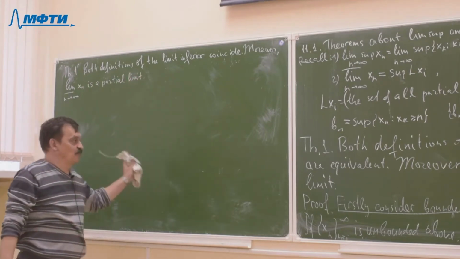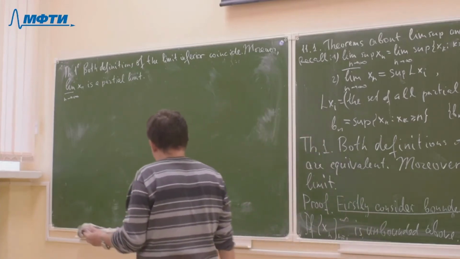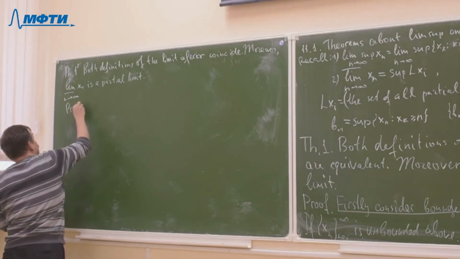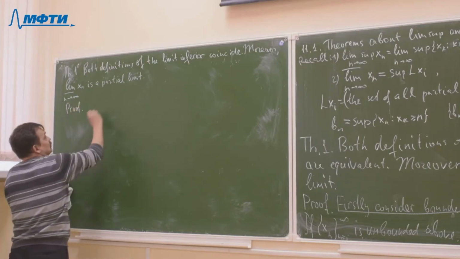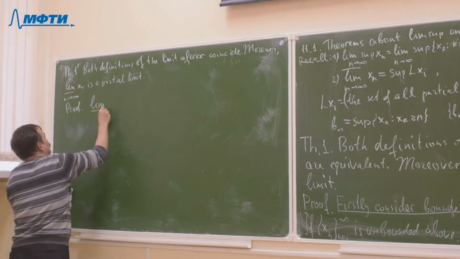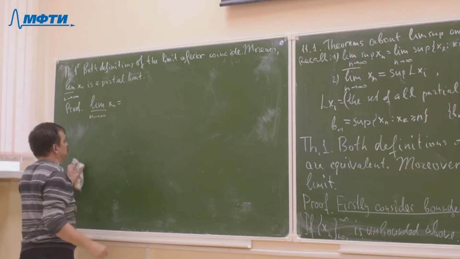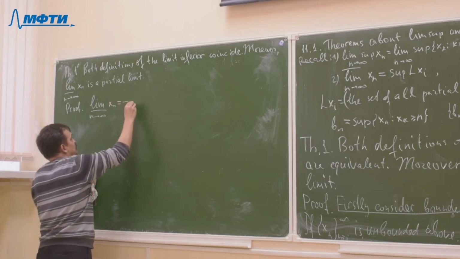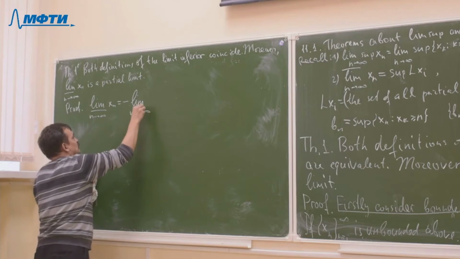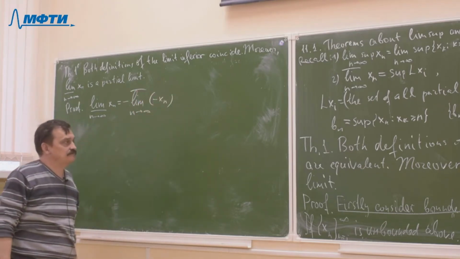So the proof is completely analogous, or one can prove it just by the following observation. The limit inferior by any definition is equal to minus the limit superior of minus x_n. Why?